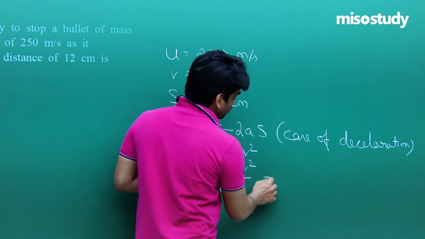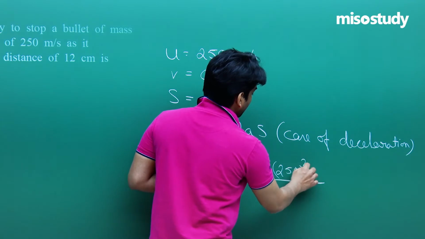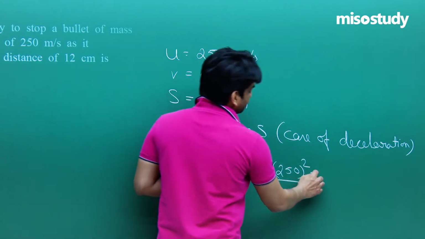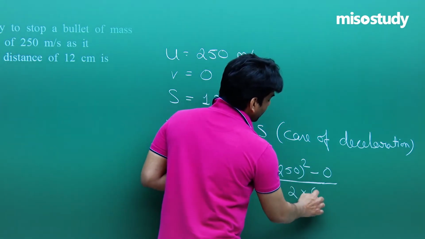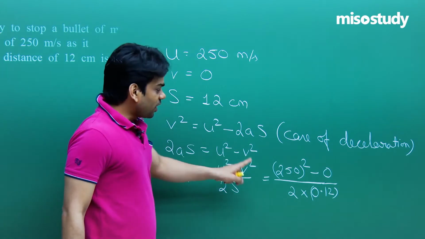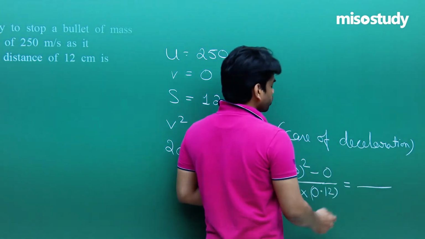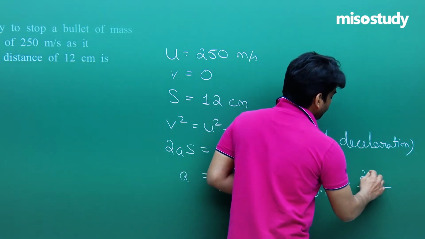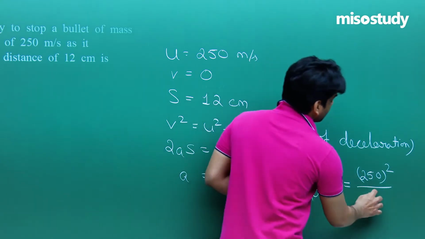U square, that is 250 whole square, minus 0, divided by 2s. Now 12 centimeters, so I am writing it as 0.12 meter. So this should be equal to 250 whole square divided by 2 into 0.12, which comes to 0.24.